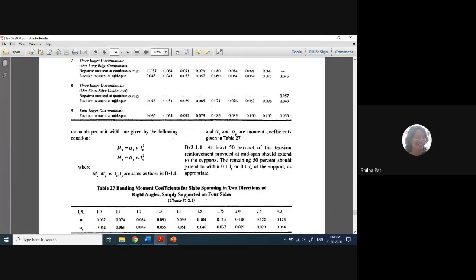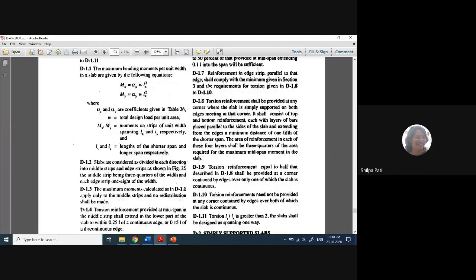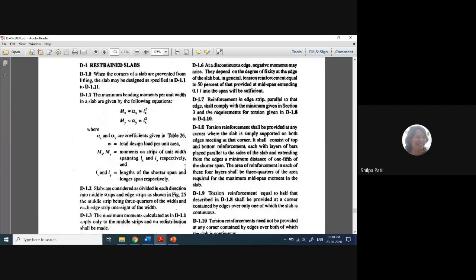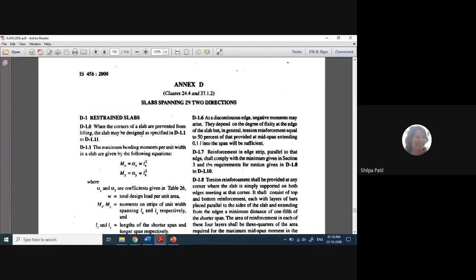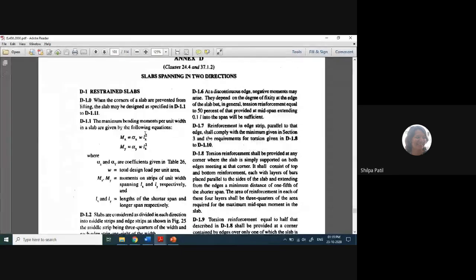Now I will go to the clause. I need to read all these, both these pages, because everything regarding the design of two-way slabs is given through these 2 pages in IS code. So let us start reading. Restrained slabs. When the corners of a slab are prevented from lifting, the slab may be designed as specified in D1.1 to D1.11. So all these clauses are applicable for the slabs in which the corners are not allowed to lift.